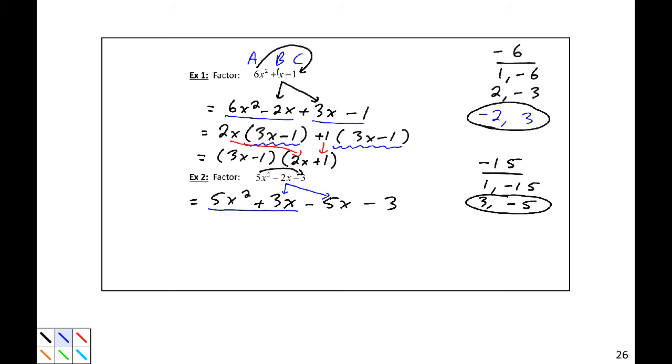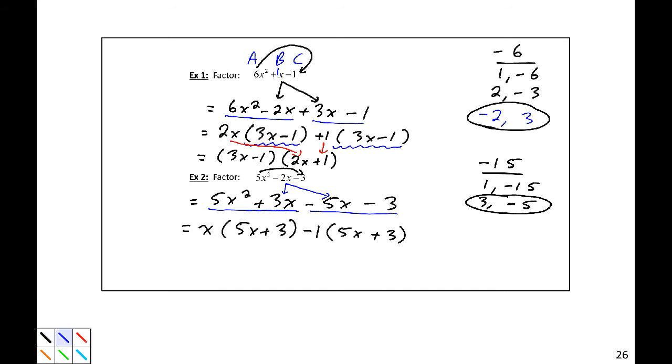It appears that they only have an x in common. So x multiplied by 5x plus 3 is how my 5x squared plus 3x factors. And the second two, well, this 5x has a minus sign there. So I'm going to factor out a negative 1, which will result in negative 1 multiplied by 5x plus 3. So we have x multiplied by 5x plus 3 minus 1 multiplied by 5x plus 3.